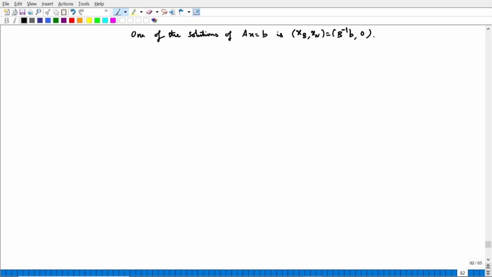Now, why is this interesting? Of course, this is one of the solutions. There are many such solutions, but why is this solution so interesting? It is because any solution of the form B inverse b comma 0 is a vertex of the set of equations Ax equal to b.